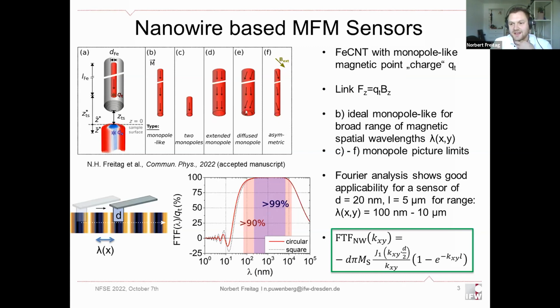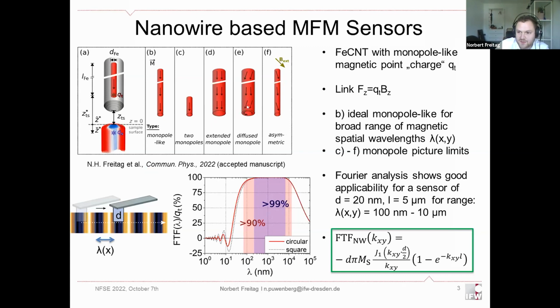Then it can happen that if the diameter is too high, we have a ground state which has a vortex, and this is also not ideally point charge like in F. If you have an external magnetic field applied, we can also have internal magnetization which deviates from the easy axis, which is not good for our purpose.